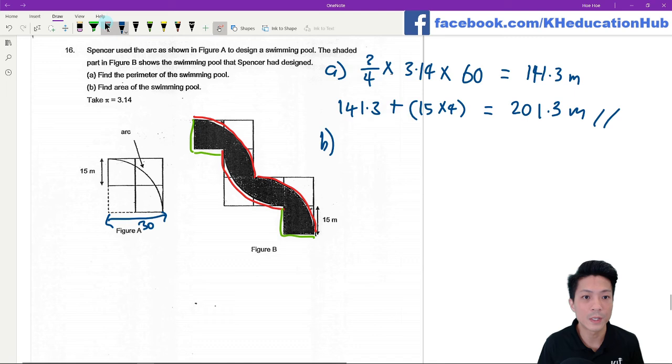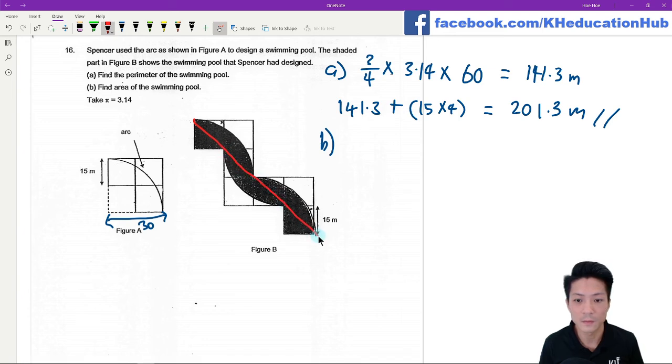Okay, I'm going to erase away the markings over here so that you don't get confused. Because now to find the area, we need to draw a line from here to here. Okay, and you can see that this part over here is a quarter circle minus away the area of the triangle.